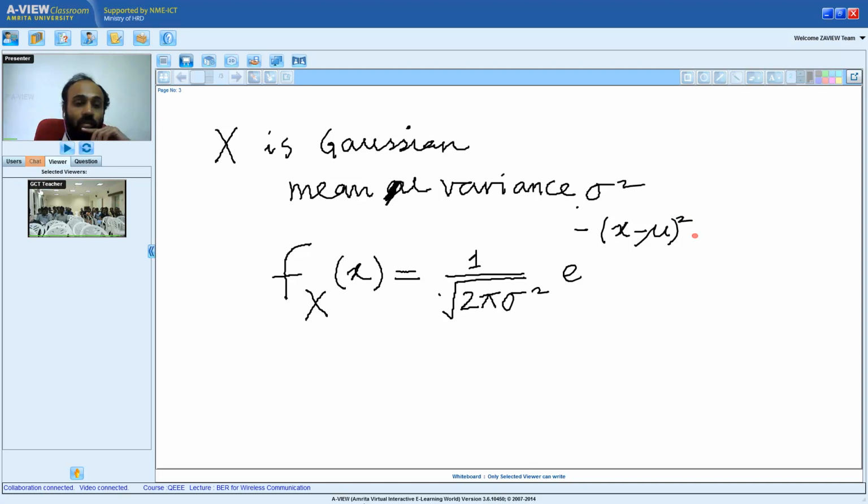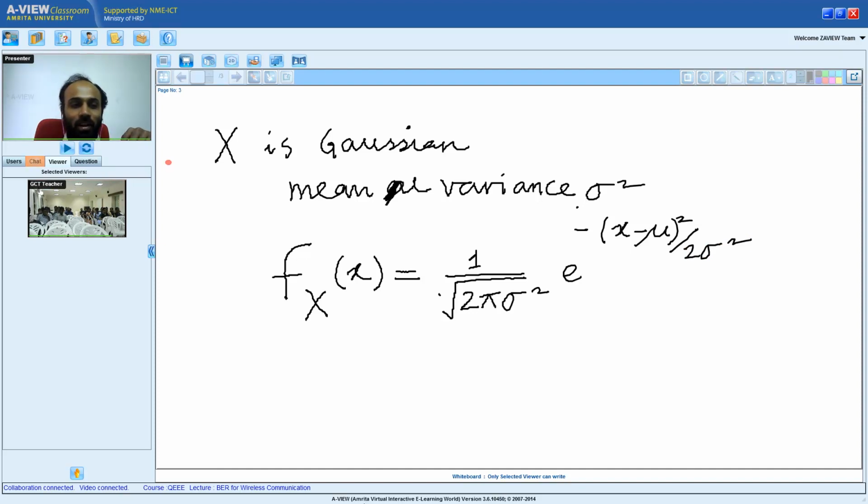It cannot be plus of x minus mu square, because then it will go to infinity, right? So it is minus (x minus mu) square, divided by 2 sigma square. Okay, thank you very much.